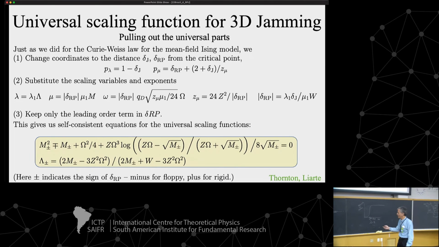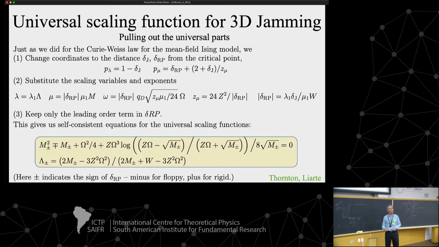We wanted to solve a self-consistent equation with a logarithm involving z times z. We're still thinking about how to do that effectively, but you can trust that we just did it. We just found the self-consistent solution.